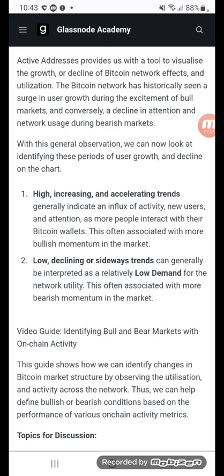The Bitcoin network has historically seen a surge in user growth during the excitement of bull markets, or conversely a decline in attention and network use during bearish markets. With this general observation, we can look at identifying these periods of user growth and decline on the charts.